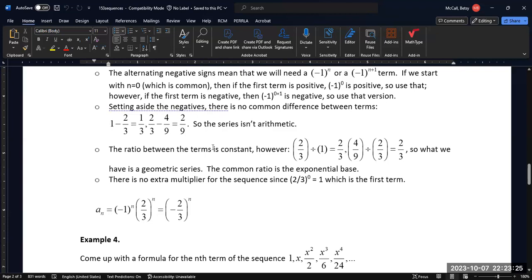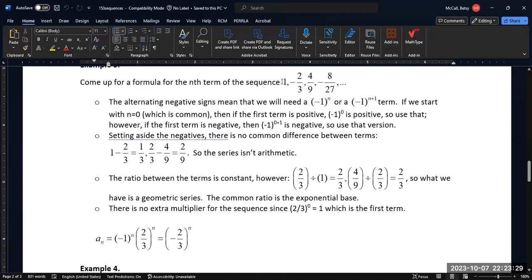Am I starting with a positive number or a negative number? I'm starting with a positive number, and I don't have n's in my denominator, so I can start counting at 0. So -1 to the 0 is 1 times 2/3 to the 0 is going to be 1.